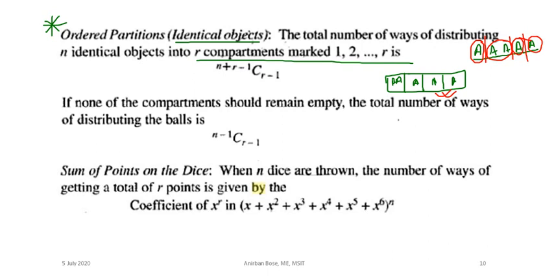So you can understand that with the help of 3 lines we can divide the objects into 4 compartments. Again, clearly, suppose these are objects, all identical, say 5 objects, and we want to divide them into 4 compartments. For that we are trying to divide with the help of lines.